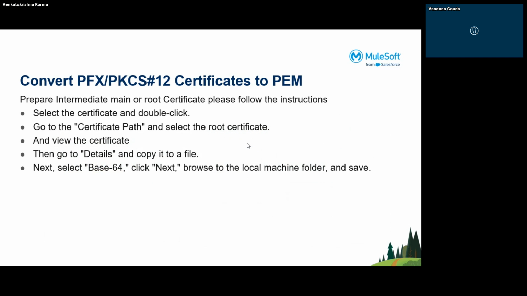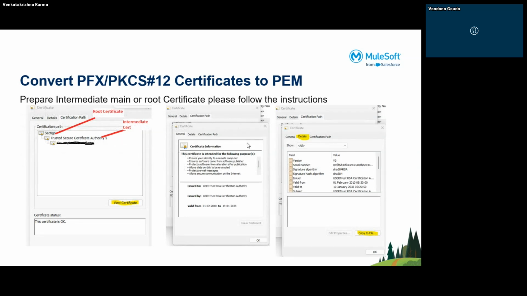And next we can create the intermediate files. So this is the certification path and the root certificate. Once you have saved your certificate in the personal location, you can have these many certificates in that root file.